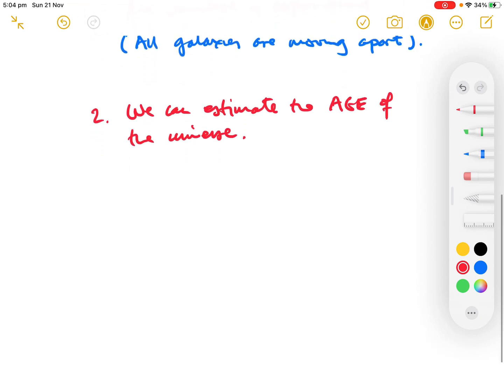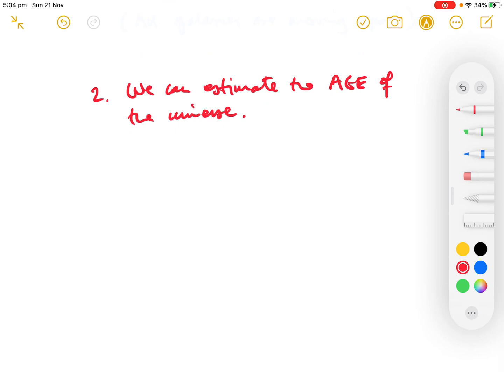So how did that come about? Well, if you imagine all of these galaxies, no matter where you look, they're all going away from us. Say we are on Earth here. Wherever we look, the galaxies are moving apart.